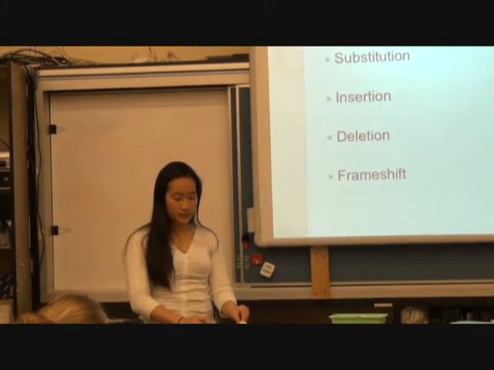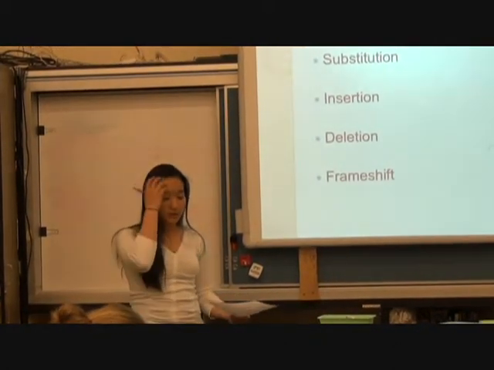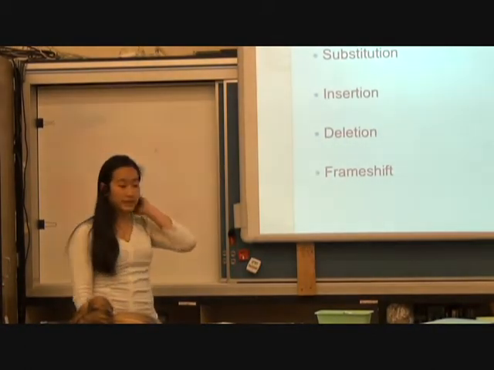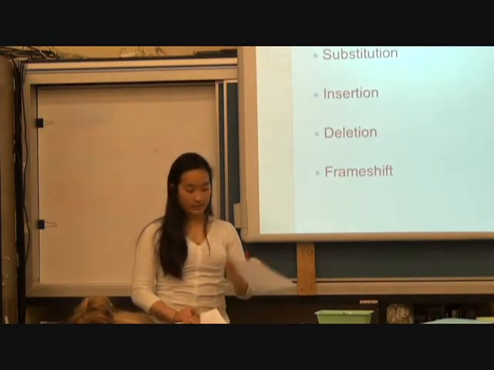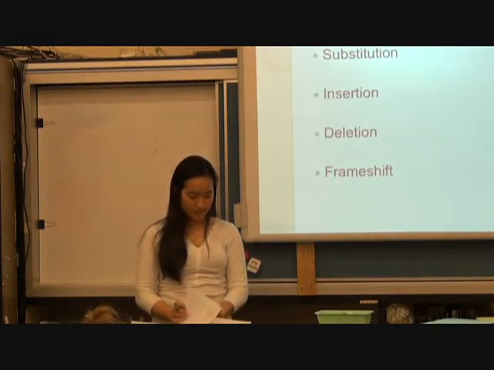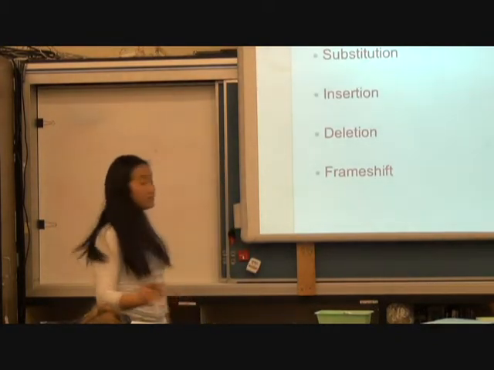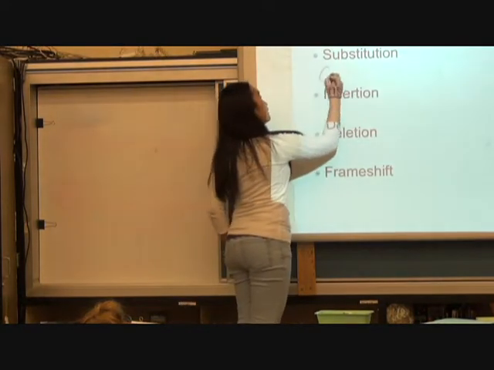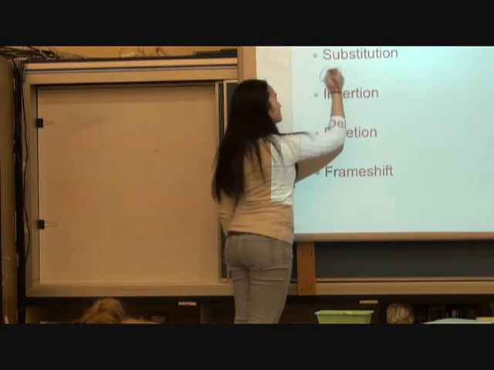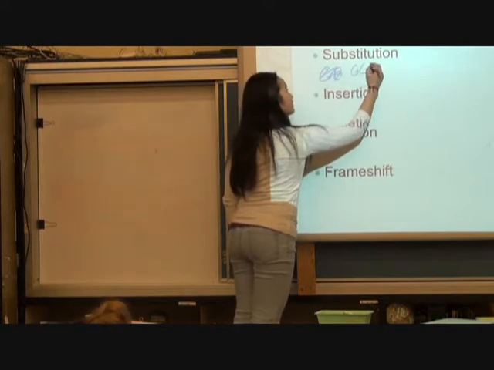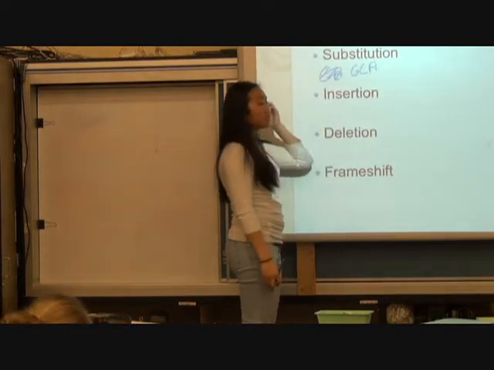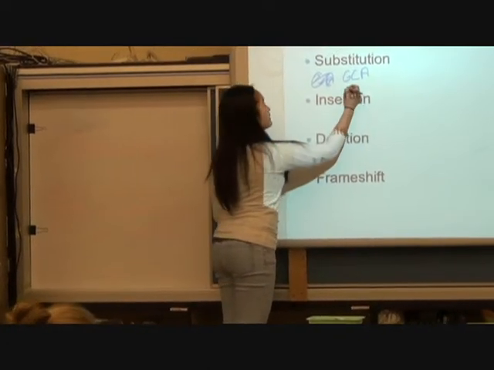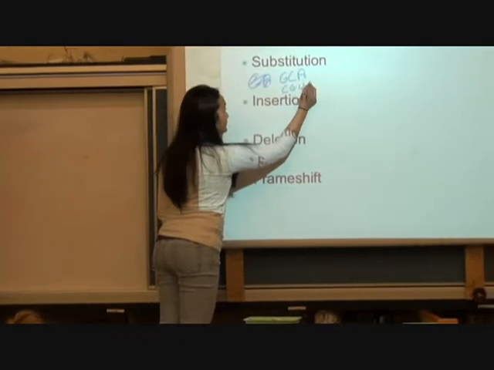In substitution, a mutation happens when an incorrect base is used in place of the correct base. So in the example of guanine, GCA, when that gets replicated into RNA, it would be CGU.